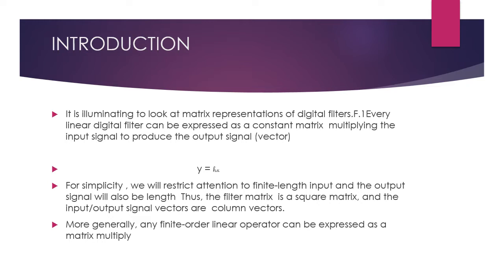More generally, any finite order linear operator can be expressed as a matrix multiply. For example, the discrete Fourier transform, DFT, can be represented by the DFT matrix e^(-j2πkn/N), where the column index n and row index k range from 0 to N minus 1.